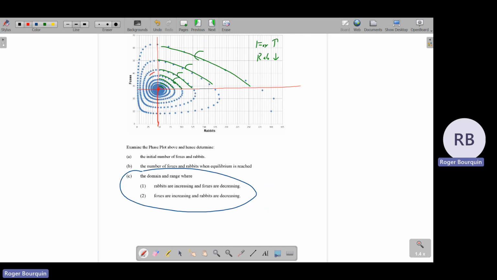In this quadrant over here, if we're going down like this, what's happening in that red region? Foxes' numbers are decreasing, and rabbits are also decreasing, not as much. In this region over here in yellow, what's happening?